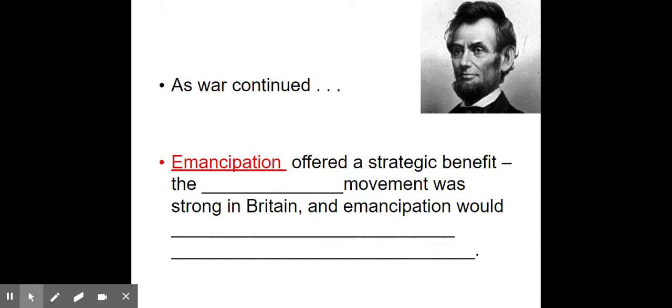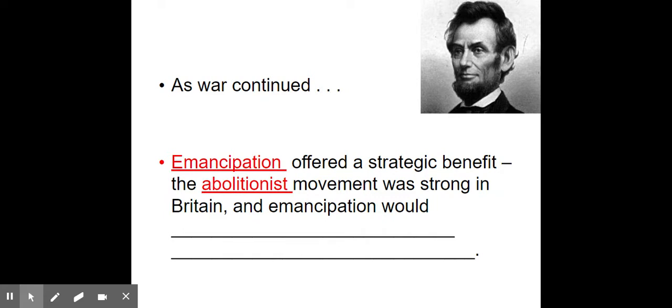Number one, the abolitionist movement is very strong in Europe, especially in countries like Britain and France. And what's interesting is the Confederacy, the South, hopes that Britain and France will come in on their side. Britain in particular depends on cotton exports from the South. So the hope is that Britain and France will come in on the Confederate side and help them in the war effort.